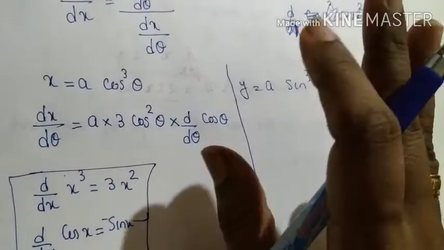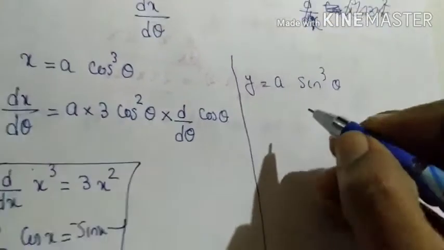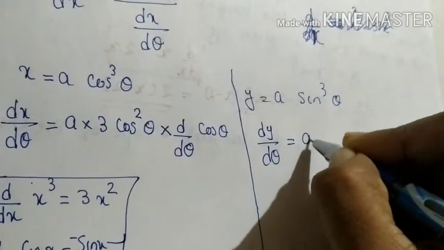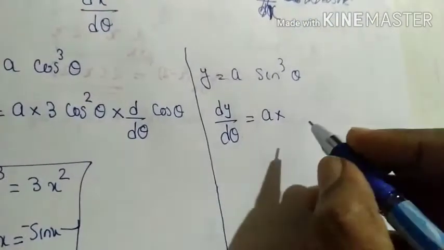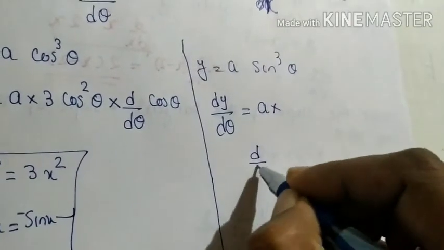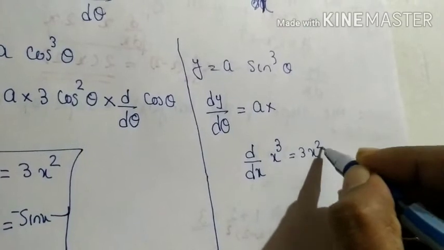Next, I am going to differentiate y with respect to theta on both sides. We get dy by d theta equal to a is a constant, and we need to find the derivative of sine cube theta. The standard derivative of x cube is 3x square.